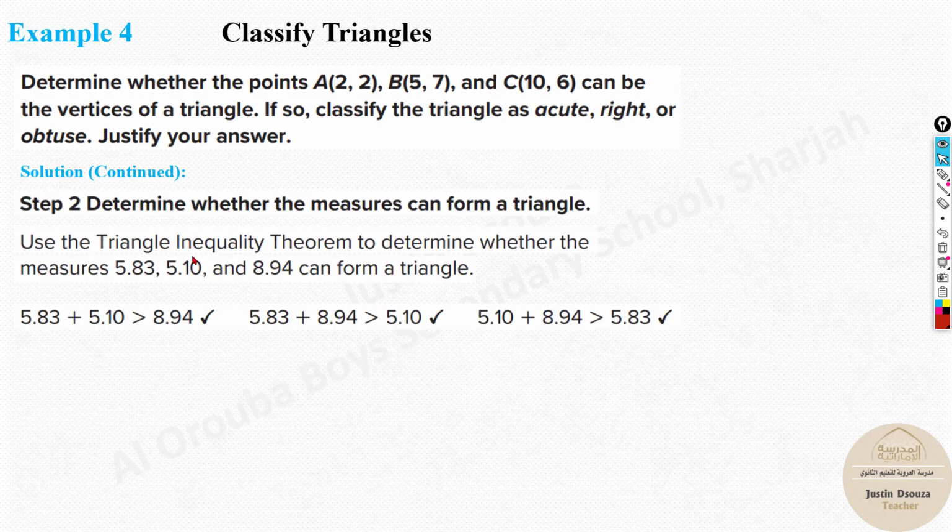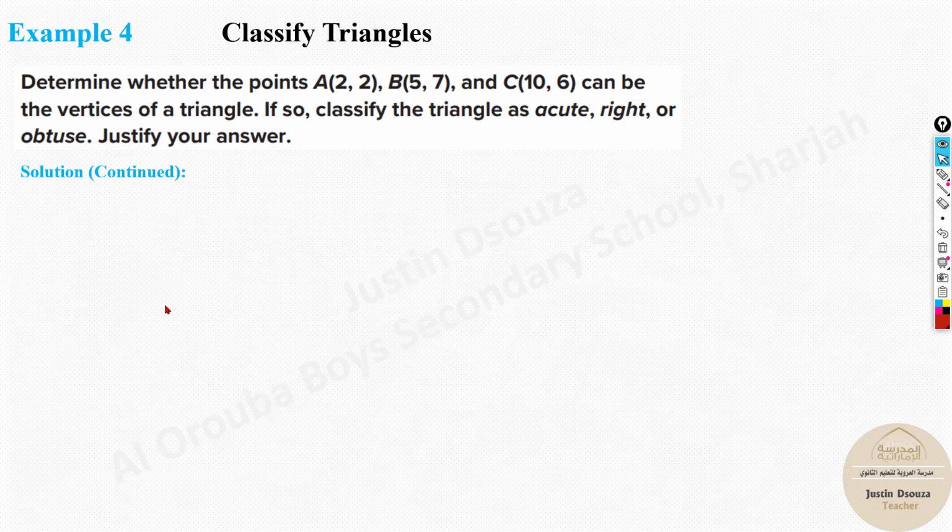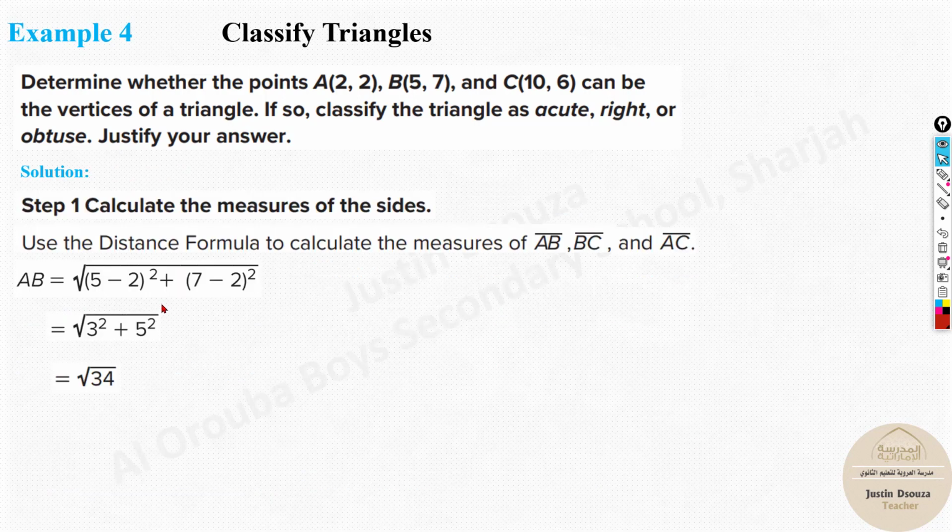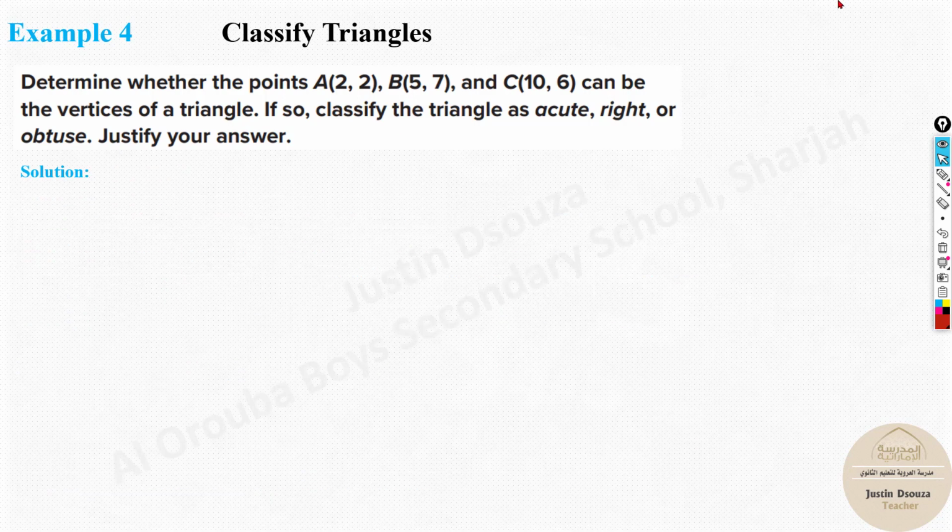See, this is the triangle inequality theorem. Let me explain that one as well because that is important. This theorem says that if you have just random sides, you can't tell this is a triangle. Say, for example, I have a triangle and I know the lengths will be, say, 3, 4, 6.